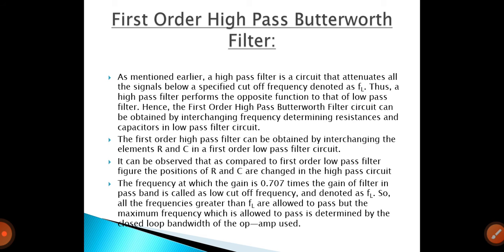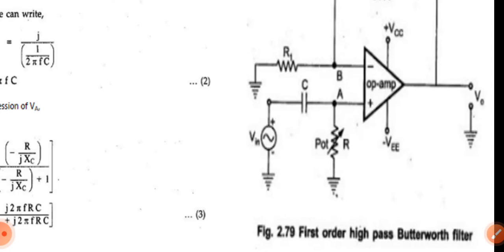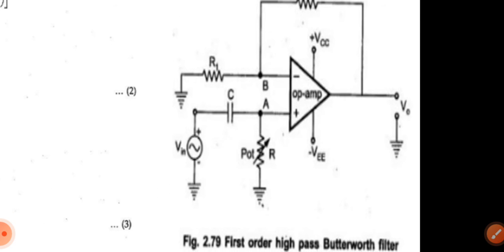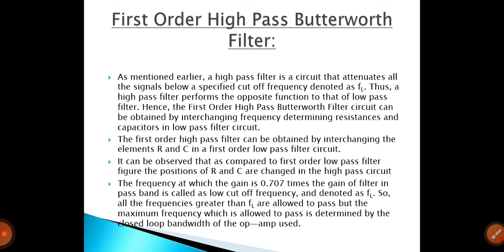How is it there? We can see that one. In the low pass Butterworth first order filter, here the resistor is there, here the capacitor is there, here they are interchanged. That is the difference between the low pass and the high pass filter circuit.